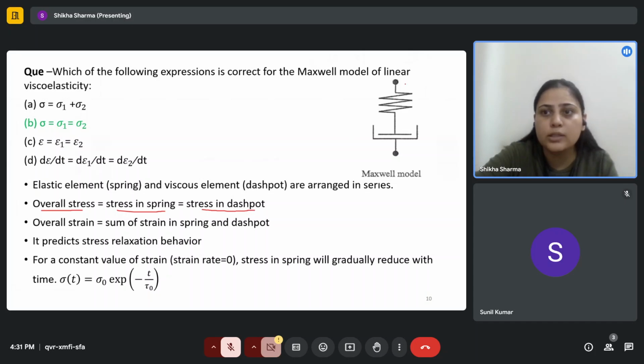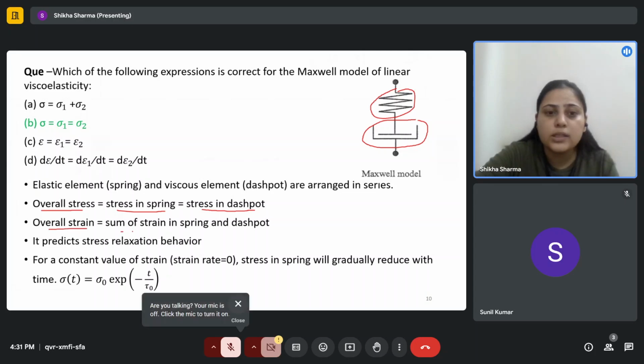Whatever the stress in the spring and the dashpot, they are equal to the overall stress, whereas the overall strain will be the sum of the strain in the spring and the dashpot.